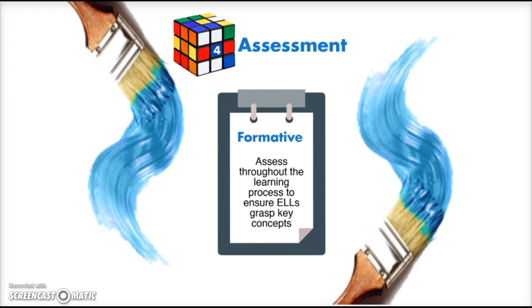So I just mentioned some formative assessments. It allows them to grasp key concepts while you're teaching, while the students are exploring, while the students are applying new content. Coloring just helps organize the content and demonstrate knowledge while they're reviewing the content.